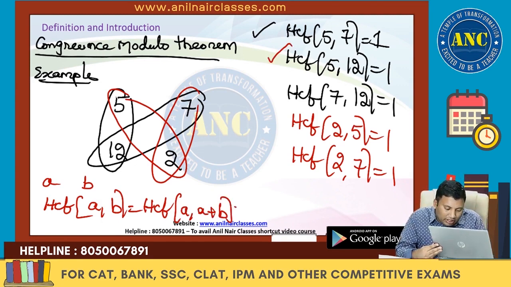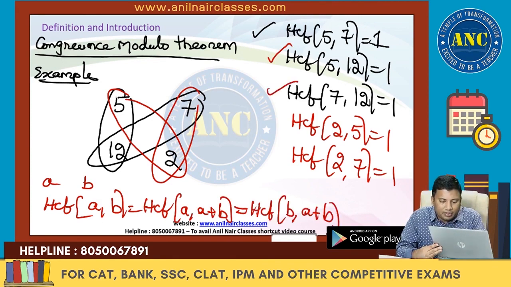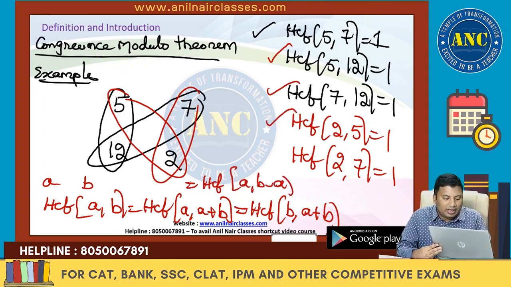It is also equivalent to HCF of B comma A plus B. Am I right? It is also equivalent to HCF of A comma B minus A. Am I right? It is also equivalent to HCF of B comma B minus A.